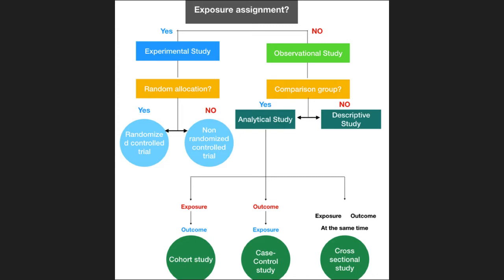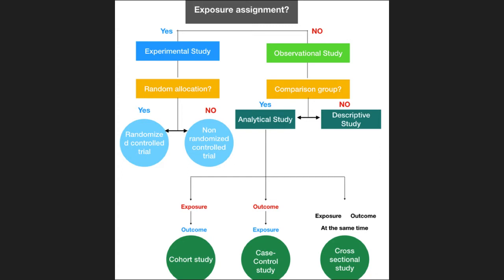In the case control study, we have the outcome and we search for the exposure. Like if we have patients with lung cancer and we search for the exposure, we search for who is a smoker and who isn't a smoker.